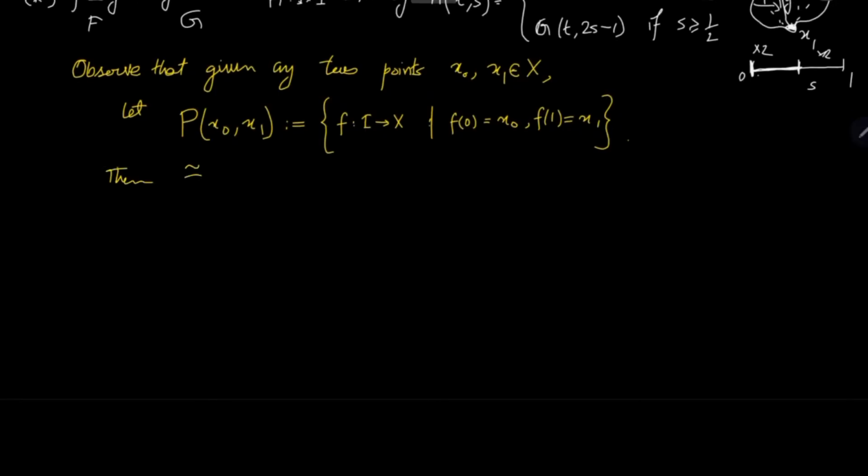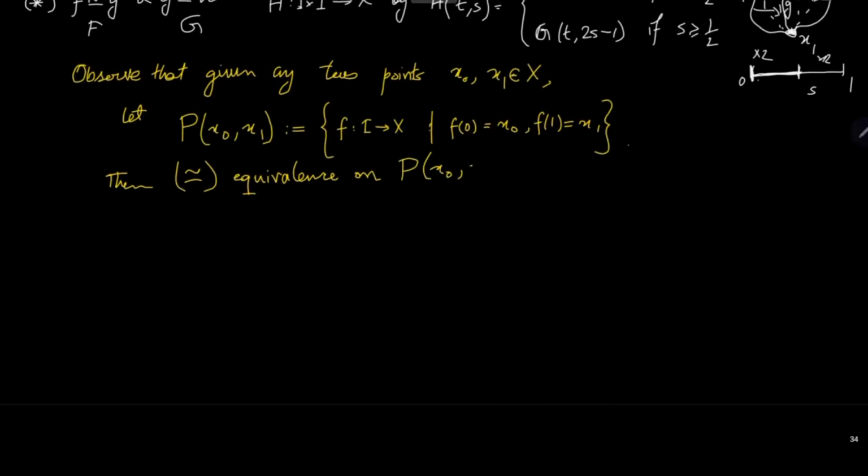Then this path homotopy is an equivalence relation on this set, on P x0 x1, and given any set and an equivalence relation on it, we can take the quotient.